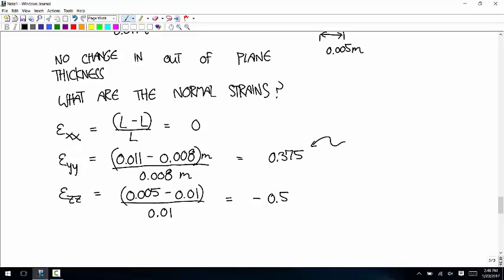So this one is stretched. This one is contracted. And this one is no deformation.